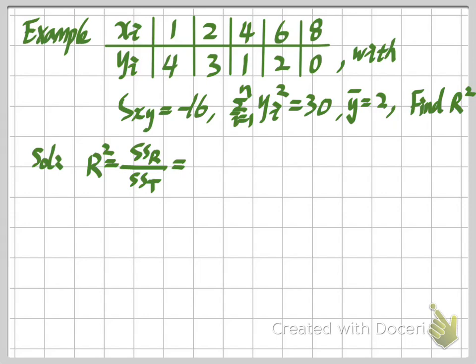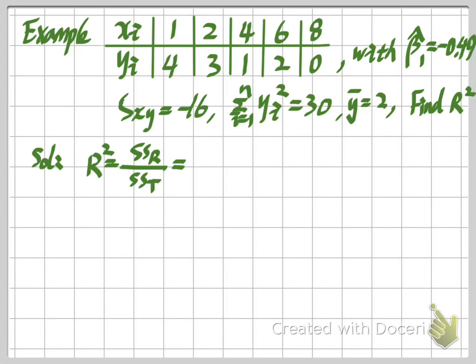For this, let me give you one more piece of information: our estimator of beta 1 is equal to 0.49.